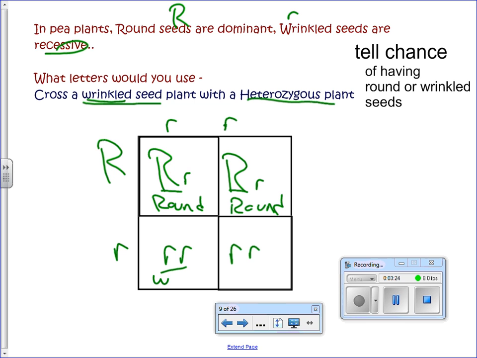This will show recessive, as will this one. And so from there, we have 2 out of 4 will be wrinkled, 2 out of 4 will be round. So there's a 50% chance of round, 50% chance of wrinkled. That is the phenotype, physical appearance. The genotype is 50% big R, little r, and 50% little r, little r.